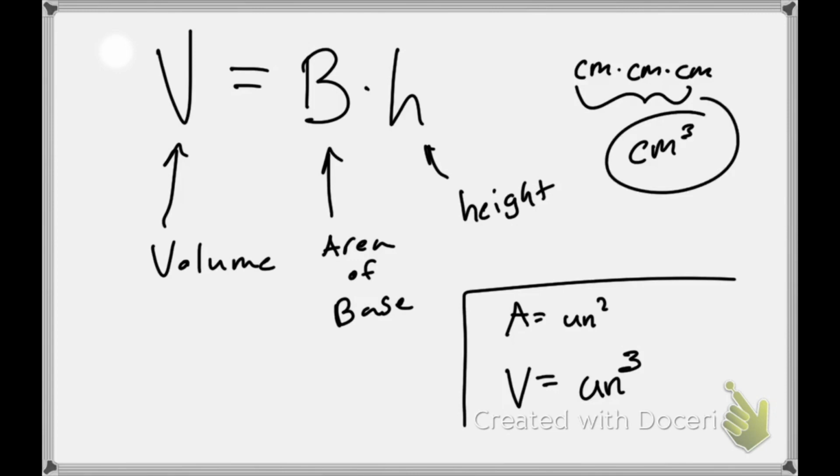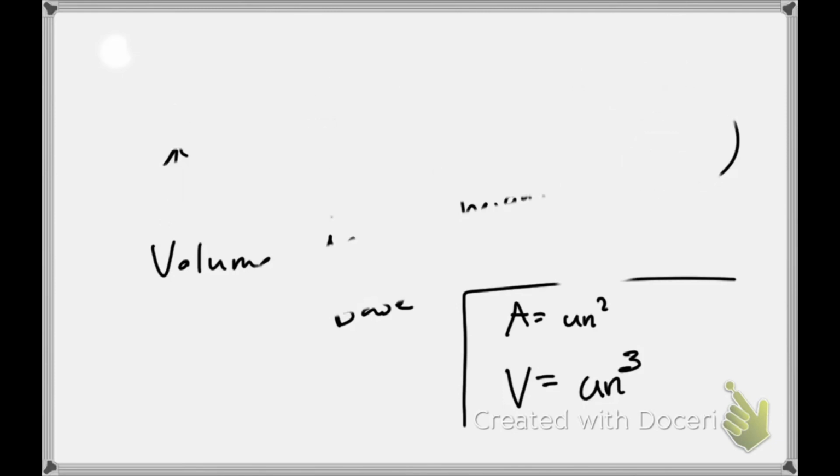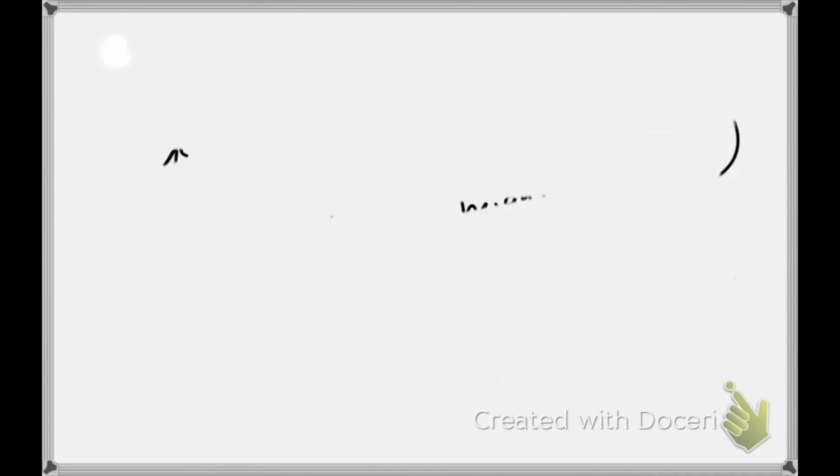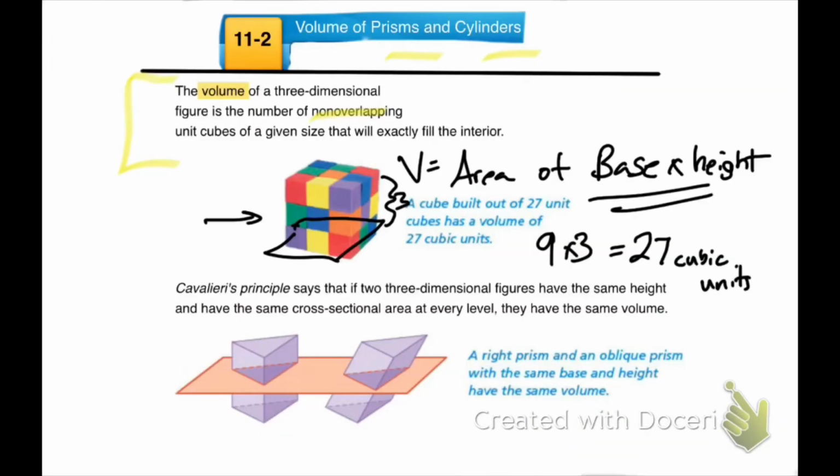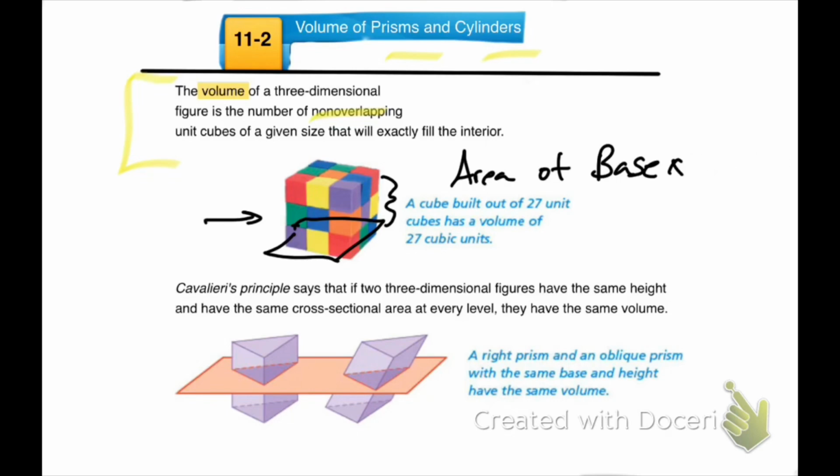So volume is in cubic units. Area is in square units. So make sure you have the correct units there. Let me erase some of this. That's the general idea. We're just going to be taking the area of our base and multiplying it by the given height.